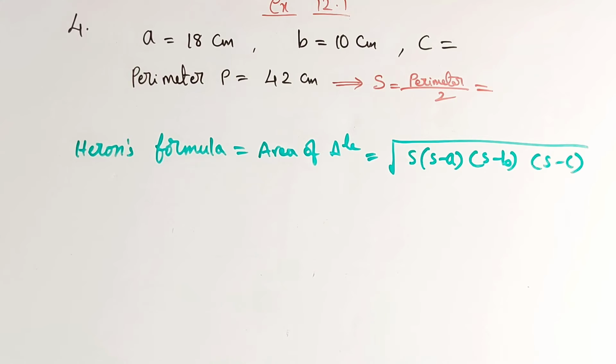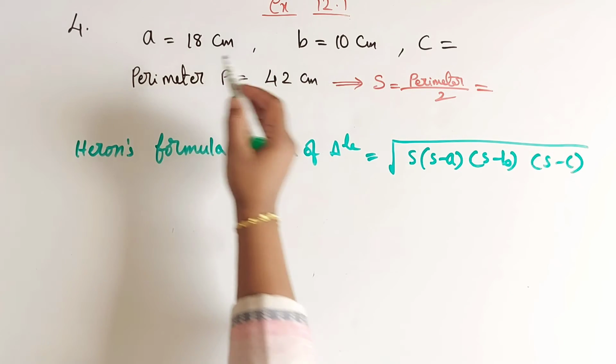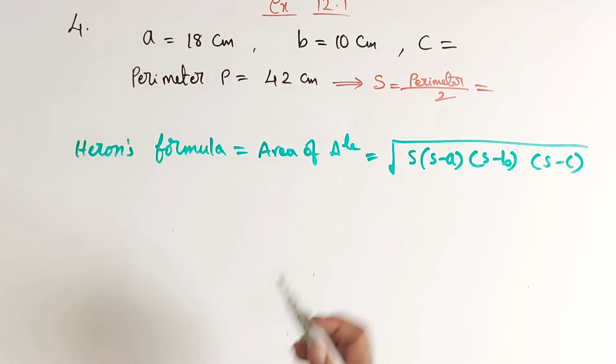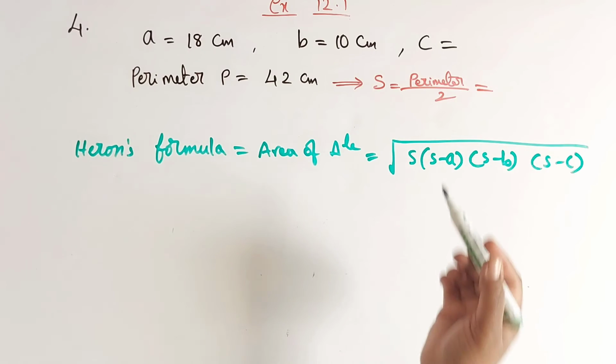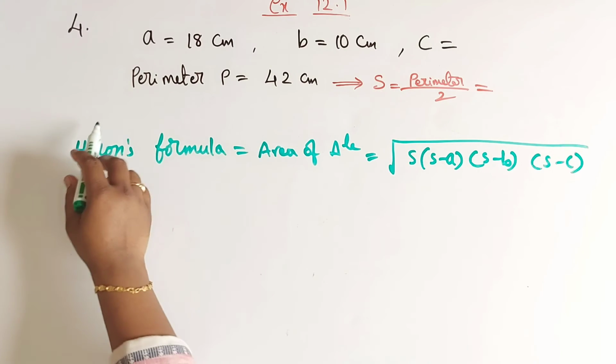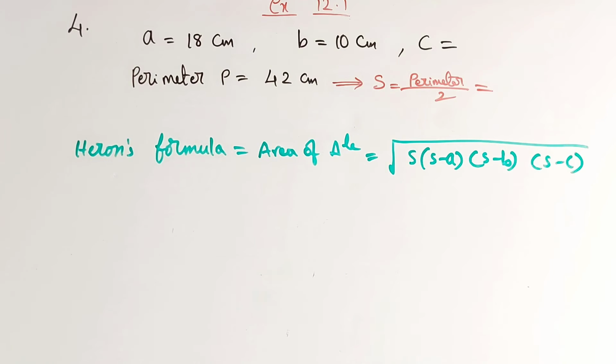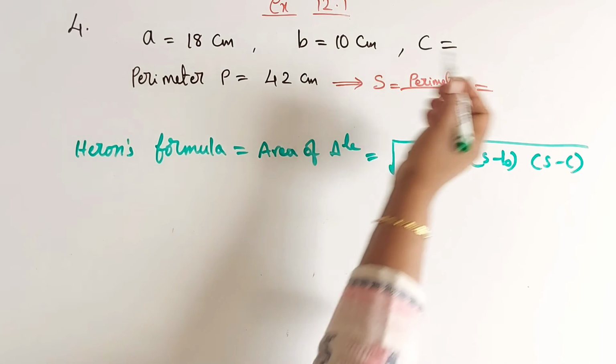Now fourth question, children. Find the area of a triangle, two sides of which are 18 centimeters and 10 centimeters and the perimeter is 42 centimeters, children. They have given only two sides, that means A equal to 18 centimeters and B equal to 10 centimeters, children. We don't know the third side and they have given that perimeter equals 42 centimeters. From perimeter we can find out the third side, children.